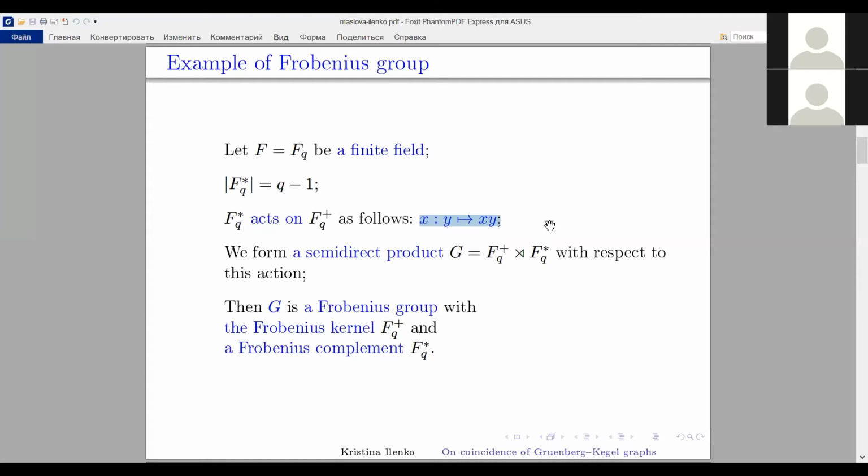Now let's form a semi-direct product with respect to this action. After that, we can call G a Frobenius group with the Frobenius kernel equal to the additive group, and a Frobenius complement equal to the multiplicative group.